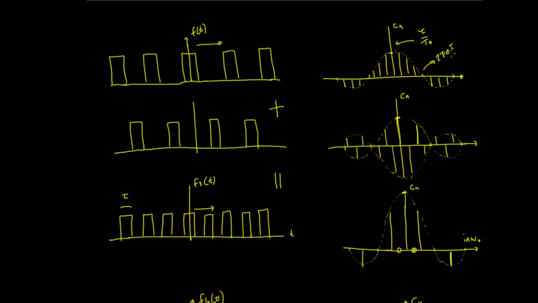I think it's tau upon T naught, is it? I'll have to check and see. I'll come back to that. I can't actually remember what the crossover points are. I think that's right. So the crossover points are going to be the same for all of these. Okay, now just go back to here. This one here is the Fourier series representation of that.